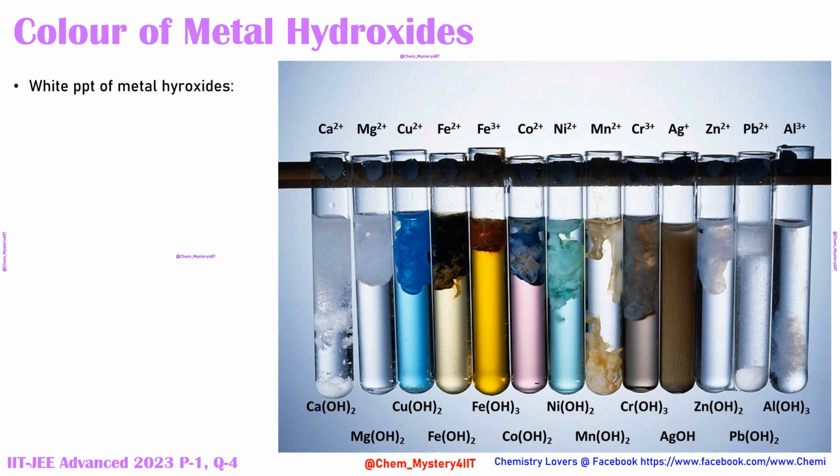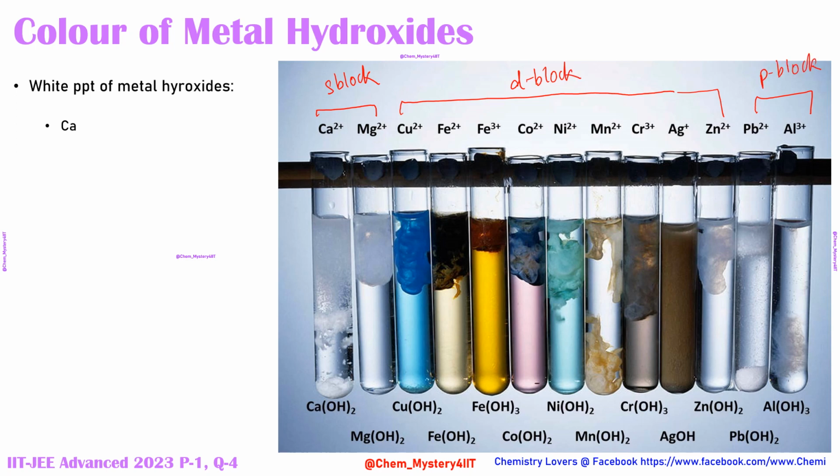Of all these metal hydroxides which we have known, we have tried writing these hydroxides as per their blocks, although not as per the groups. We could have possibly done that as well. So the left two are coming from the s block elements, over here they are all coming from the d block elements, and the last two are coming from the p block.